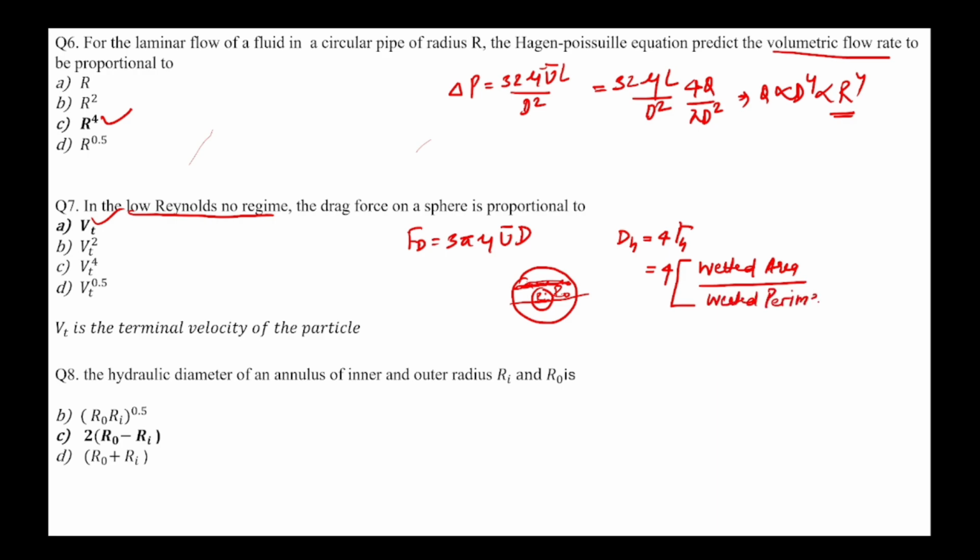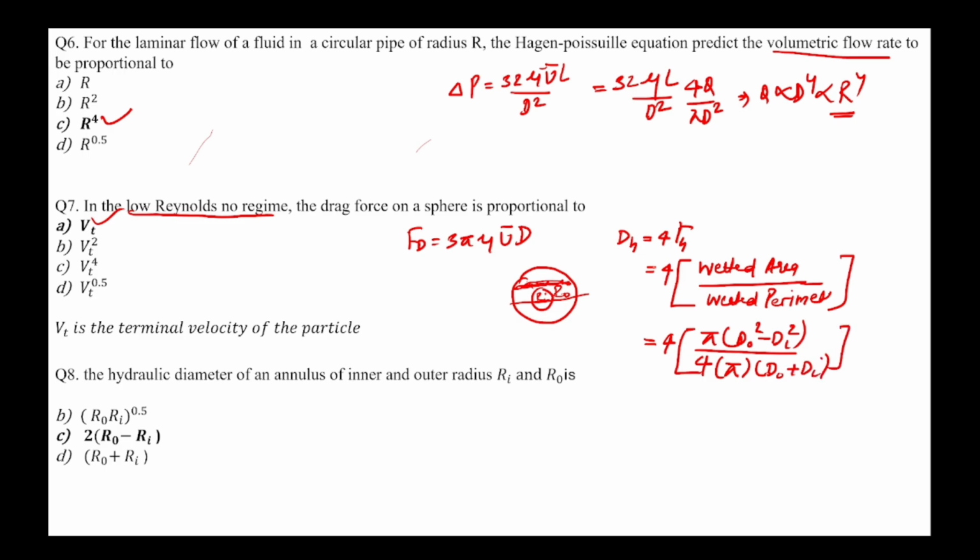Wetted means wetted by the fluid: the area where the fluid is touching the surface, the perimeter where the fluid is touching the surface. That's all. Remember this. So wetted area will be pi into d naught square minus di square by 4, and wetted perimeter will be pi into d naught plus di.